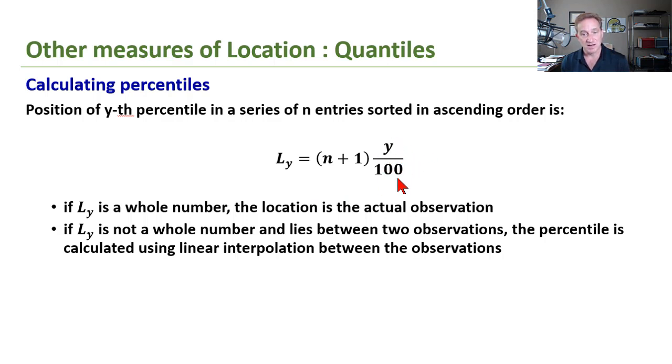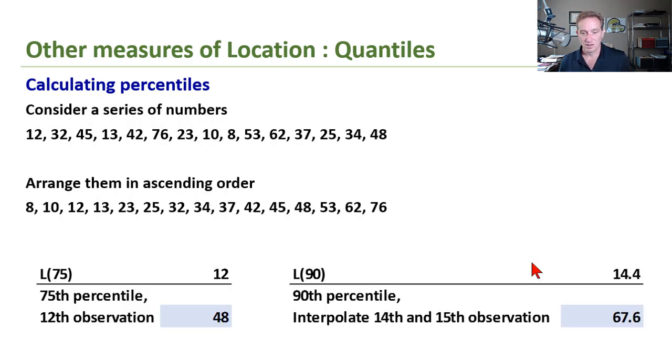We divide that by 100 to get the decimal format, and then we multiply that by n plus 1. If this is a whole number, the location is the actual observation. If it's not a whole number and lies between two observations, then in this approach, we would use a linear interpolation between the observations.